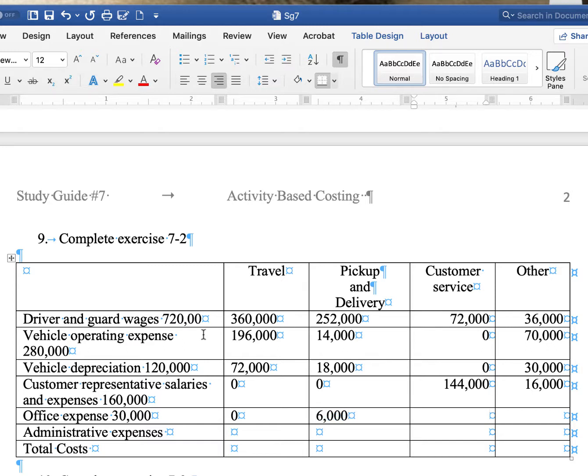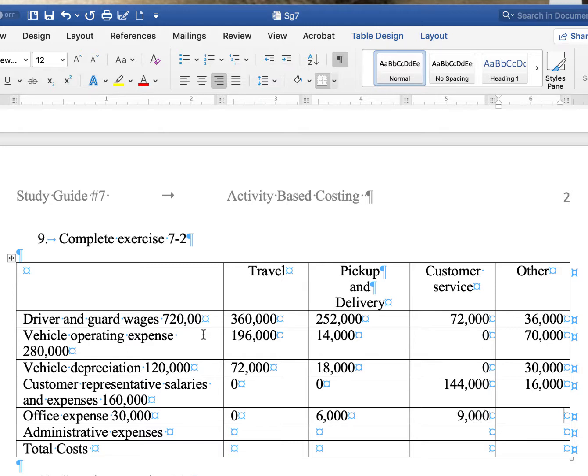Customer service actually consumes 30% of customer representative salaries and expenses. Or excuse me, I misread it. Sorry. Office expenses. Customer service consumes 30% of office expenses. So $30,000 times 30%, that's 9,000.